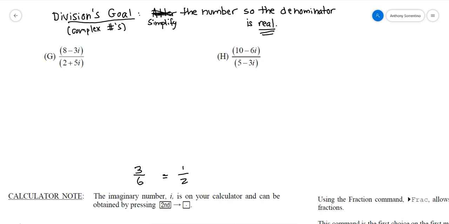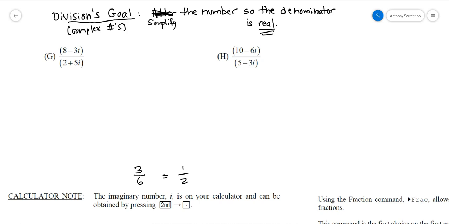Well, when I simplify a complex number, which is what I do when I try to do a division, my division's goal is to simplify this number. I don't want a denominator having a complex number. I want the number in the denominator to be real, which means I want to do something to 2 plus 5i so that it becomes a real number.